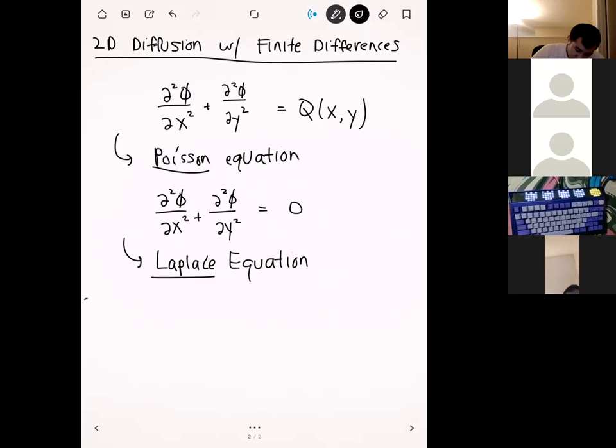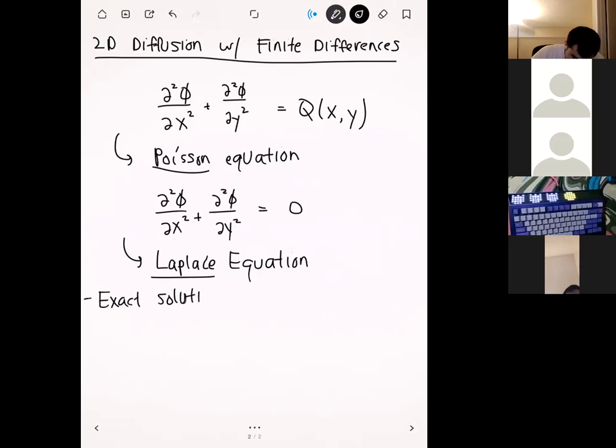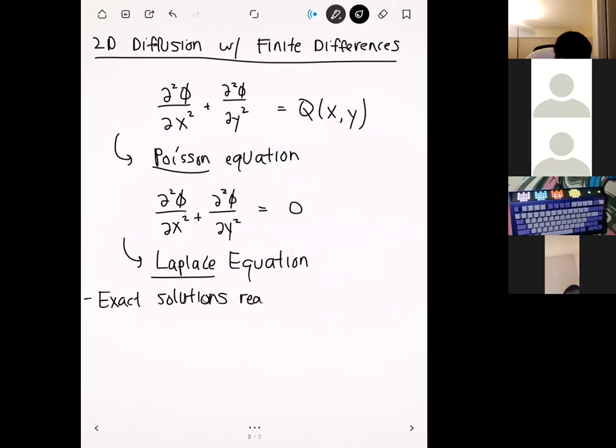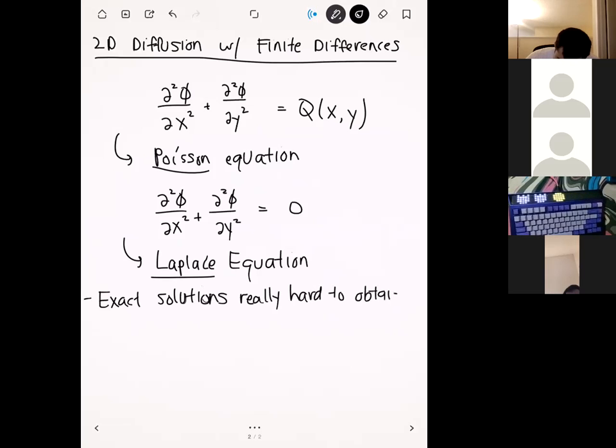Okay, and so exact solutions are really hard to obtain. And the reason they're really hard to obtain is that now, instead of an ordinary differential equation, what we have now are partial differential equations, right?